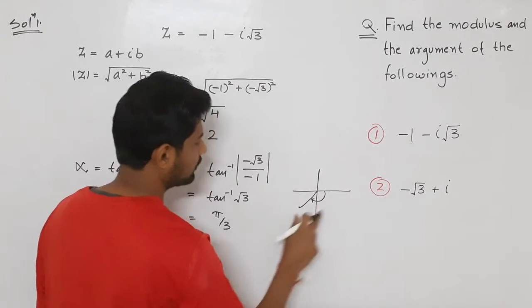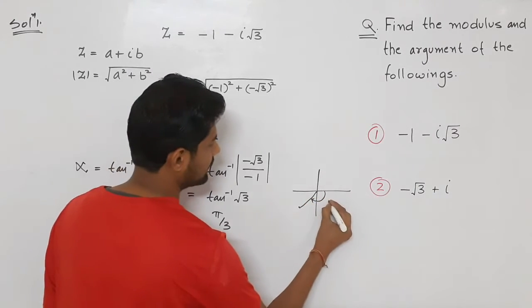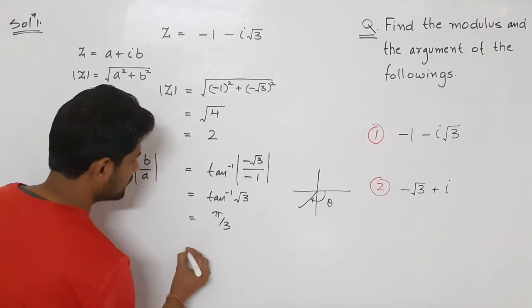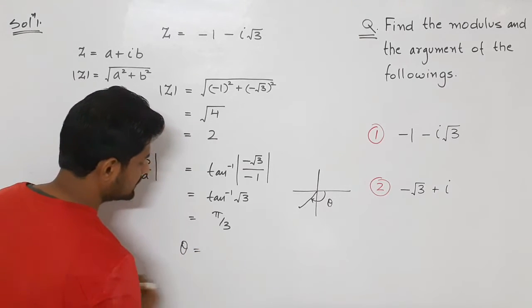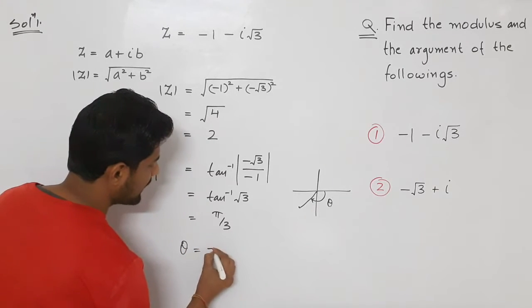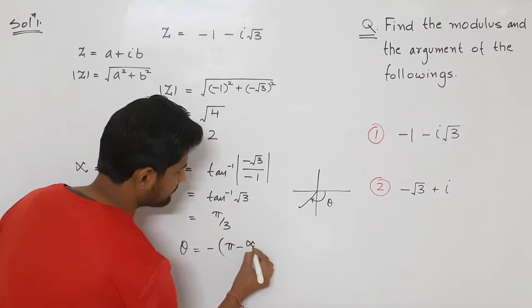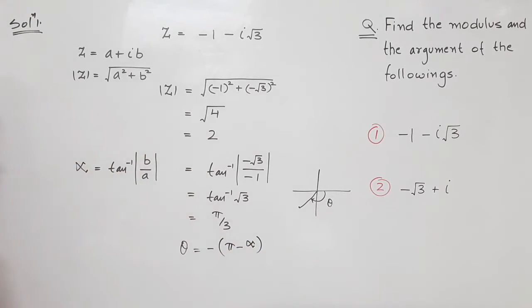So we have to find out this angle or this principal argument. So in third quadrant we will write this principal argument as minus of pi minus alpha, right?